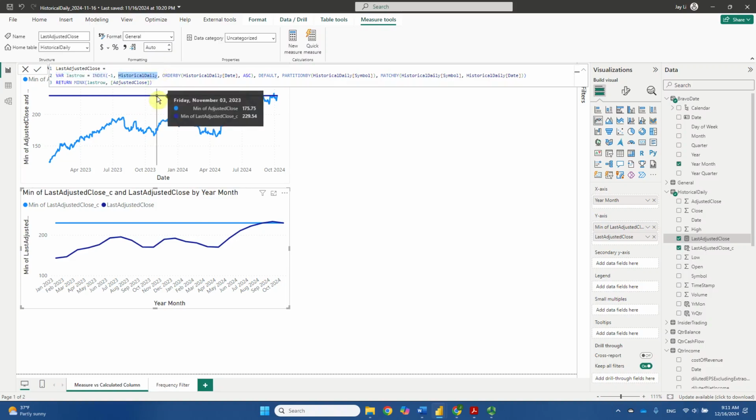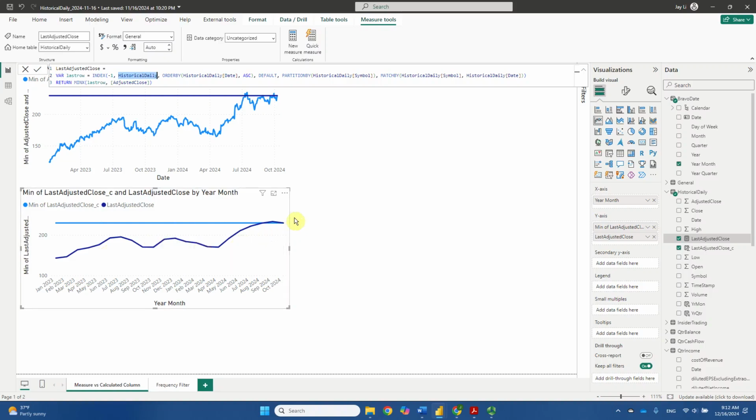So for each month, this historical daily data is going to be filtered such that only that month's data is worked on by this visual. By the end of the day, this way of filtering the original data based on which particular period we are working on will enable the visual to show the last trading day for each particular month. So the adjusted close for the last trading day of each particular month is going to be reported on this visual.